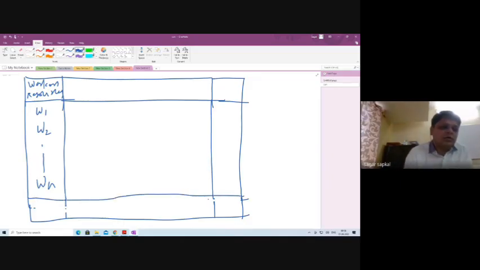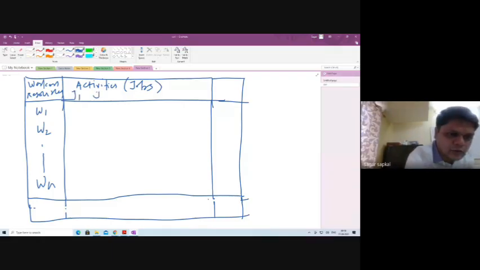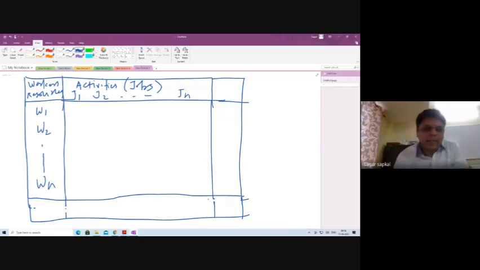Okay, and then there are activities. These resources are equivalent to the supply centers in case of the transportation problem, and these activities, also called jobs, are equivalent to the destination centers. So jobs we can call J1, J2 up to Jn. Okay, and then there is a supply and demand.